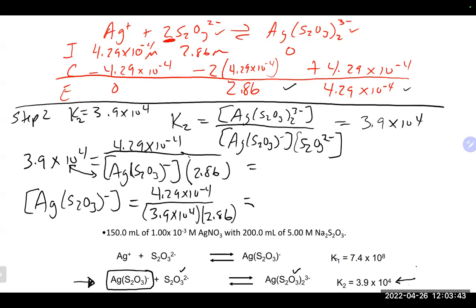That gets us, looks like, 3.8 times 10 to the minus 9 molar. If I punch that all in right here, double check.